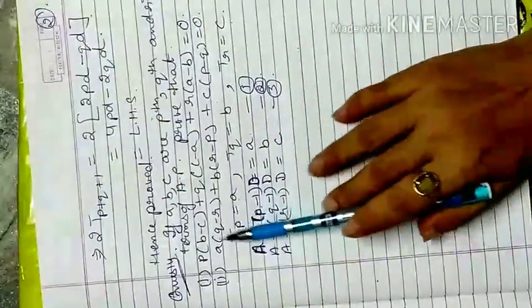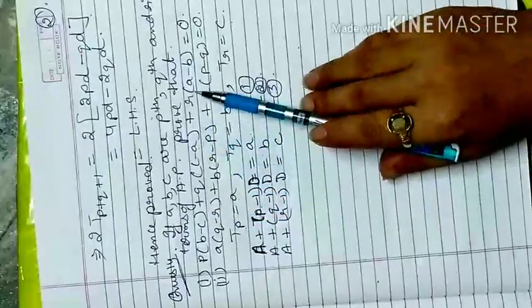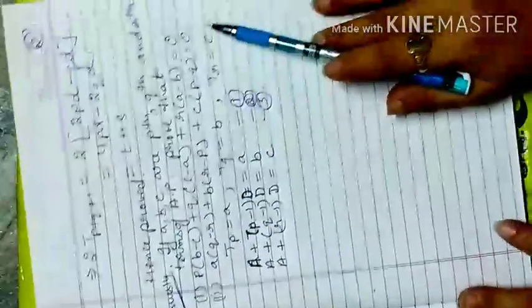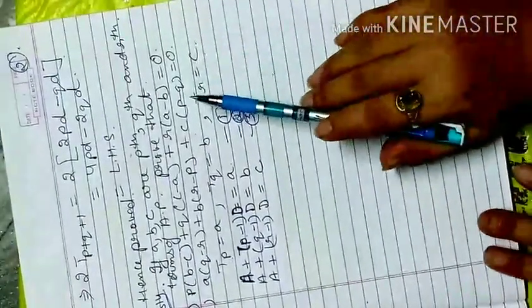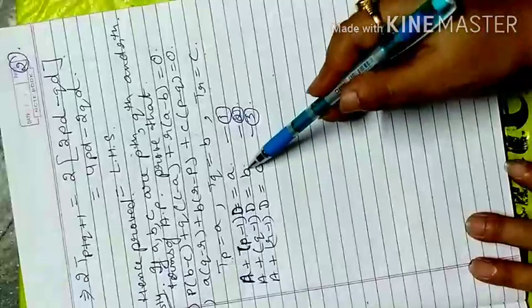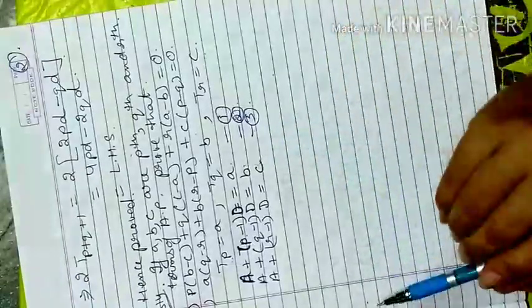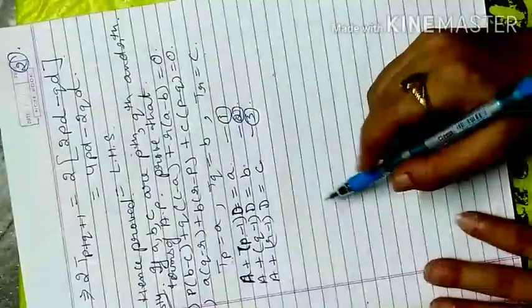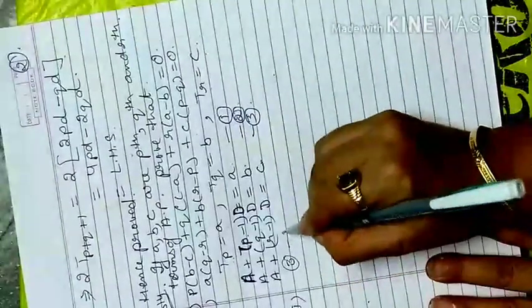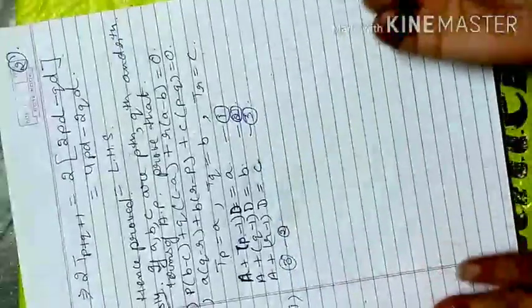First, I need B minus C, C minus A and A minus B. So I will think about where I get B minus C. From here, third equation and second equation. If I subtract, obviously A will be cancelled.